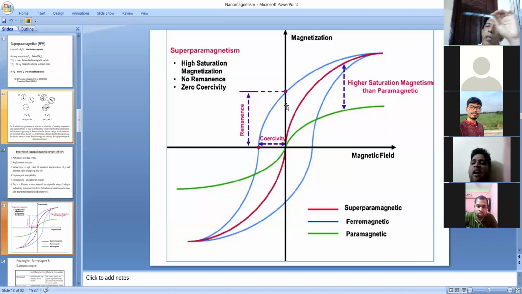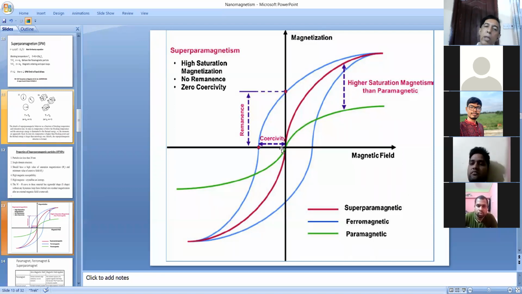What will that be? It will be this much. This is the remanence. So remanence tells us how much magnetization will remain at 0 magnetic field.